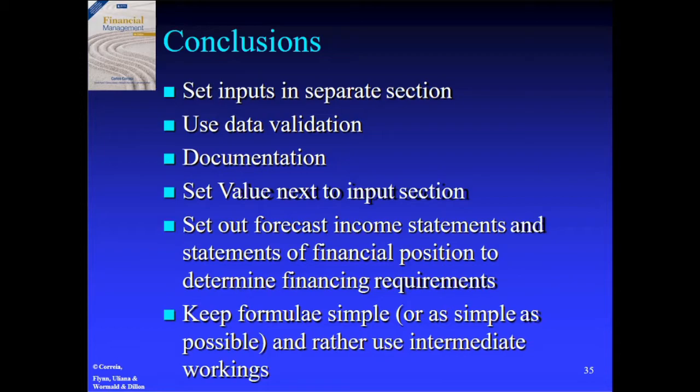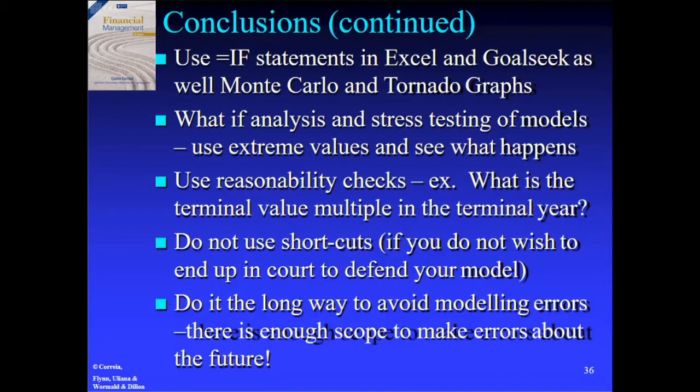We also saw that it was important to set the value next to the input section, and we must set out our forecast income statements and statement of financial position to determine the financing requirements. We must also make sure to keep the formula as simple as possible, as this will avoid errors, rather than using intermediate workings. We also had a look at using IF statements in Excel and GoalSeek, as well as Monte Carlo and tornado graphs. So have a look at the examples of these in the textbook.